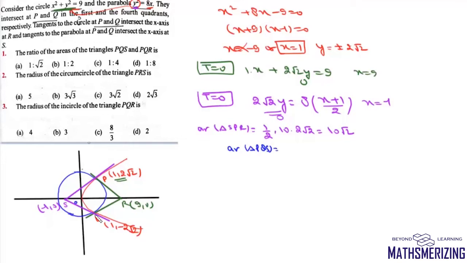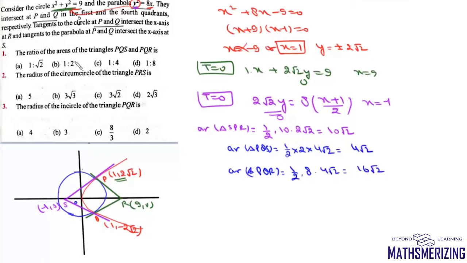For this PQS, it is half, height is 2 units, and this is 4 root 2, so it is 4 root 2 square units. We'll also find area of triangle PQR. It will be half, and then 9 minus 1, 8, and then 4 root 2. So it'll be 16 root 2.